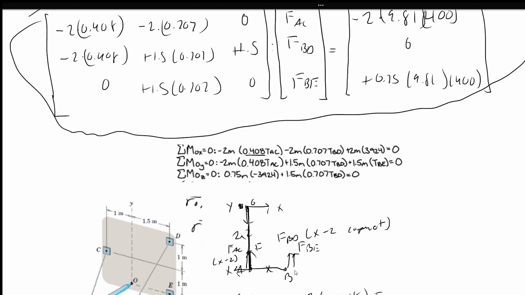Right, and then one more, this one. Sorry, I meant to write this one, it's that. This one, 1.5 times 0.707, so the 1.5 is right here, or right here on the 2D problem, 1.5 meters, and then that's the same as this distance up here. So what would that be?